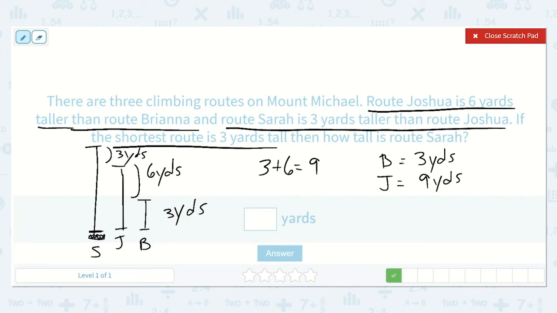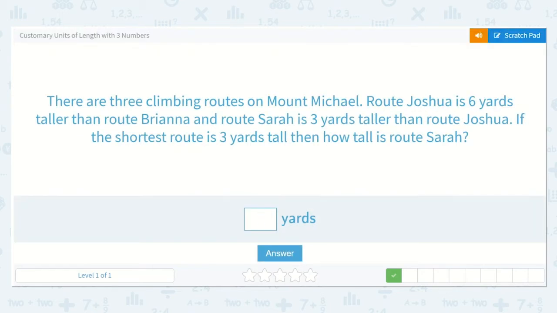Now we need to find how tall Sarah's route is. If Joshua's route is 9 yards, Sarah's route is 3 more yards than that. So we are going to do 9 plus 3. If we have 9, let's count up 3 more. 1, 2, 3. So 9, 10, 11, 12. So Sarah's route is 12 yards. Great job, 12 yards.